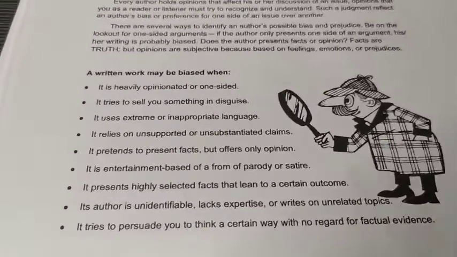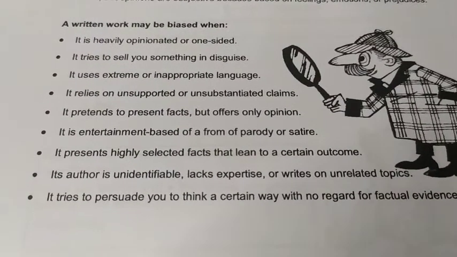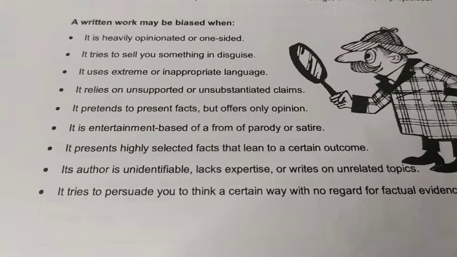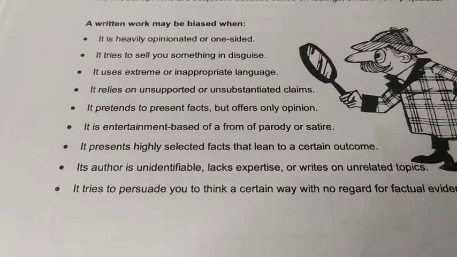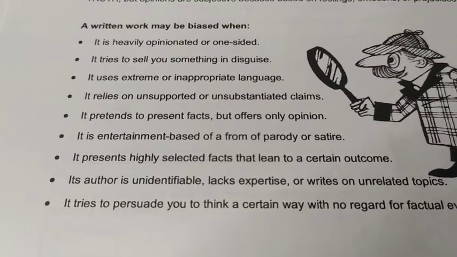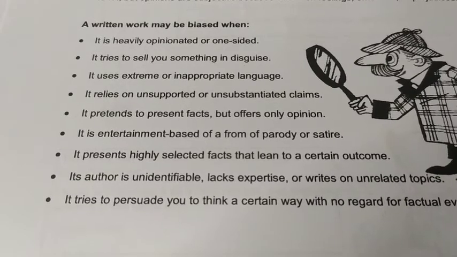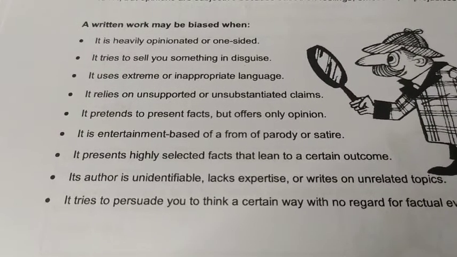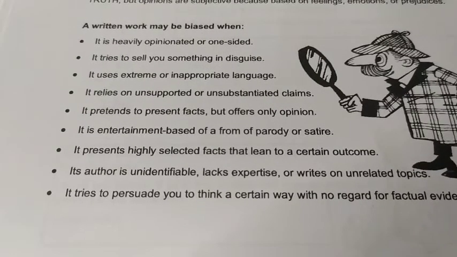So a written work may be biased when it's heavily opinionated or one-sided. So if it is not open to the other side, for example, about politics, or about a particular topic, for example, a product, then it is biased. Because if it is not biased, it will be open for all. It tries to sell you something in disguise, or it has a hidden agenda.